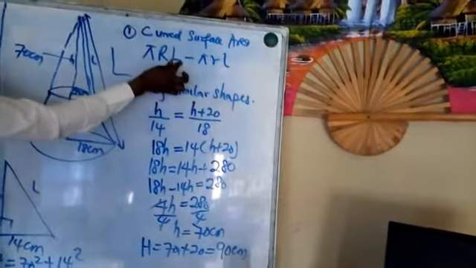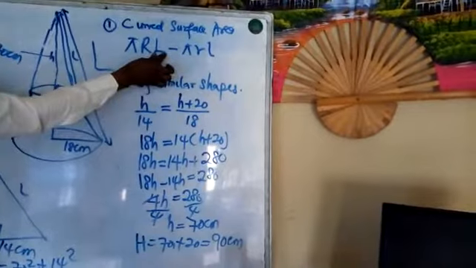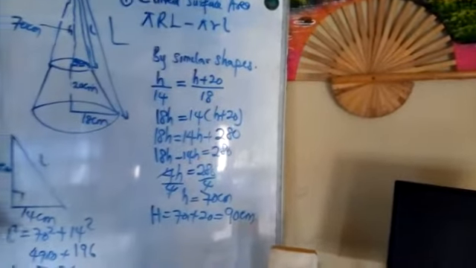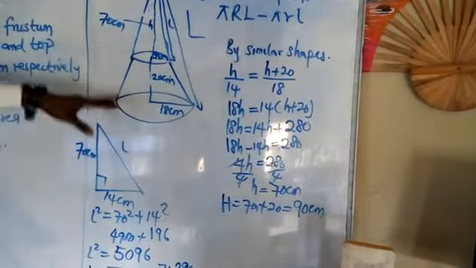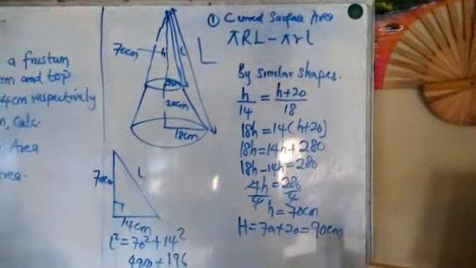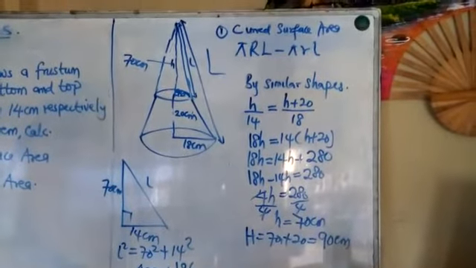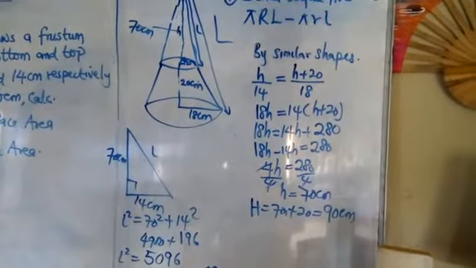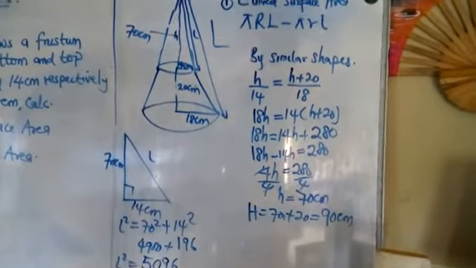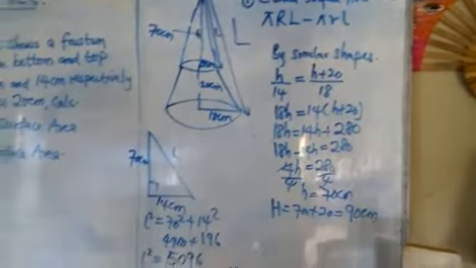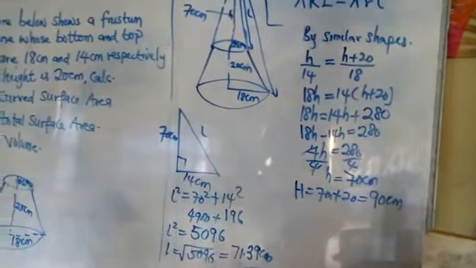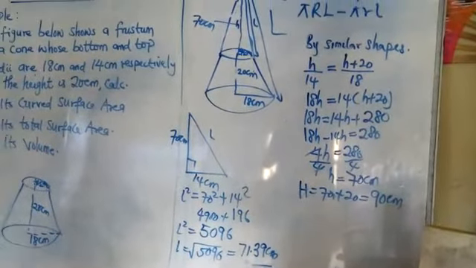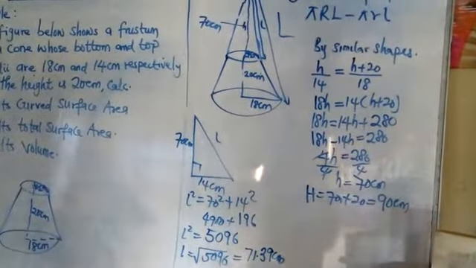But we need to get the big L also. Similarly, just as we did here, we have to find the value of big L. But before I clean the board, I want you to quickly write it down. You can see the curved surface area, how we determine the small h by comparison of similar shapes. We have h over 14 plus that. We cross multiplied, collected like terms, and h becomes 70. So 70 plus 20, where 20 was the height of the frustum of the cone as given in the question.